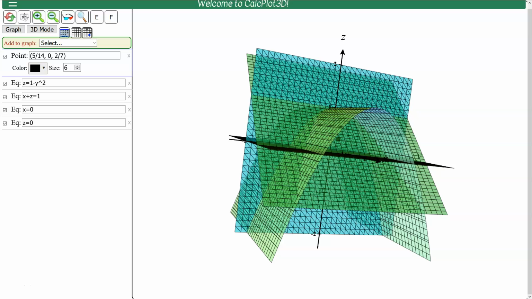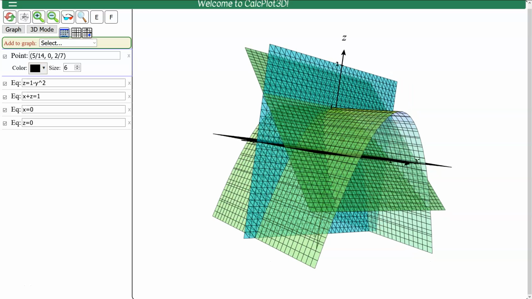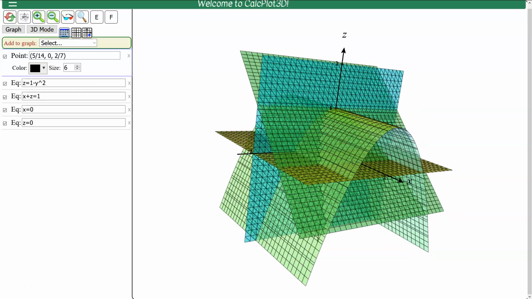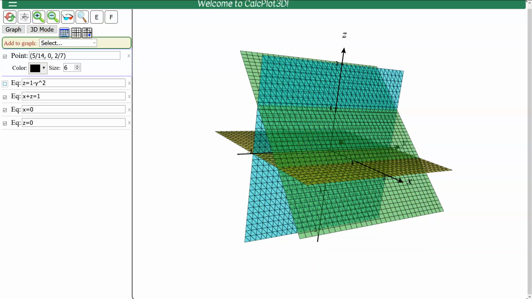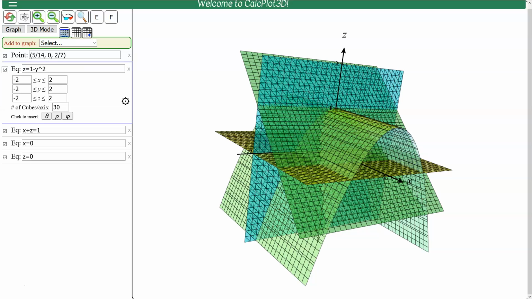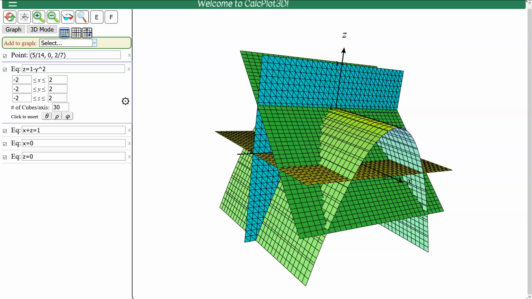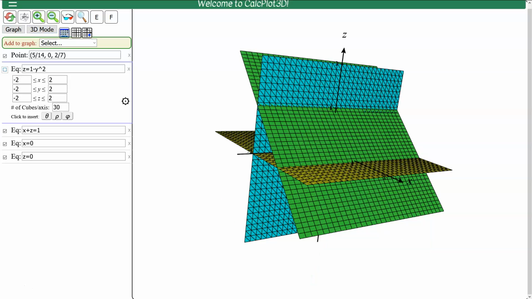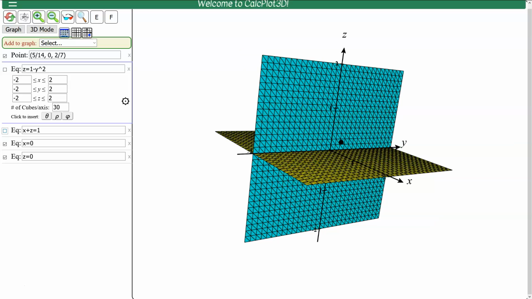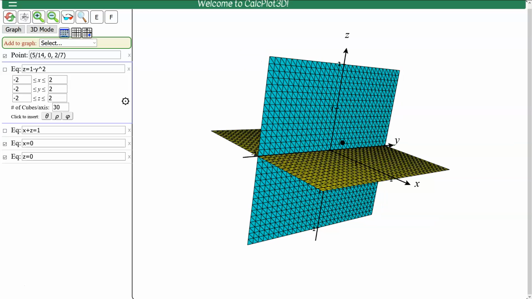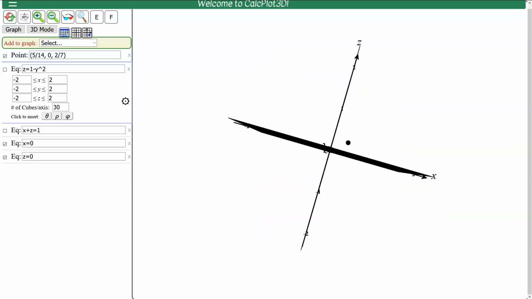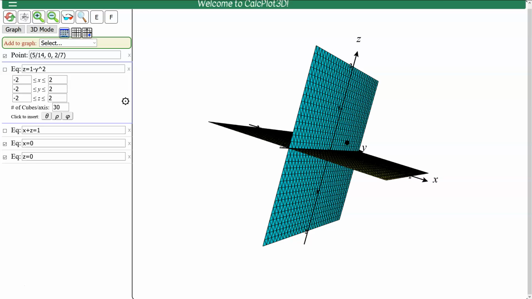Maybe here's what we can do. I'll take away one at a time, and you can kind of see it. So if I take away the cylinder, maybe, okay, there it is right there. So it's right there, okay?